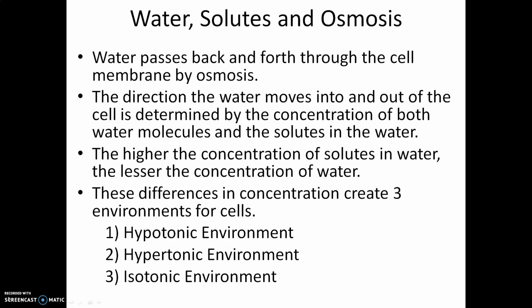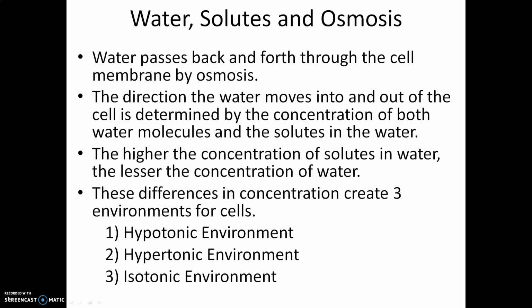When we start to learn about the movement of water into and out of the membrane, that is determined by the concentration of both water molecules, and also we like to look at the solutes in the water as well, so if there's any salt or sugar or anything like that. The higher the concentration of solutes in the water, the lesser the concentration of water.